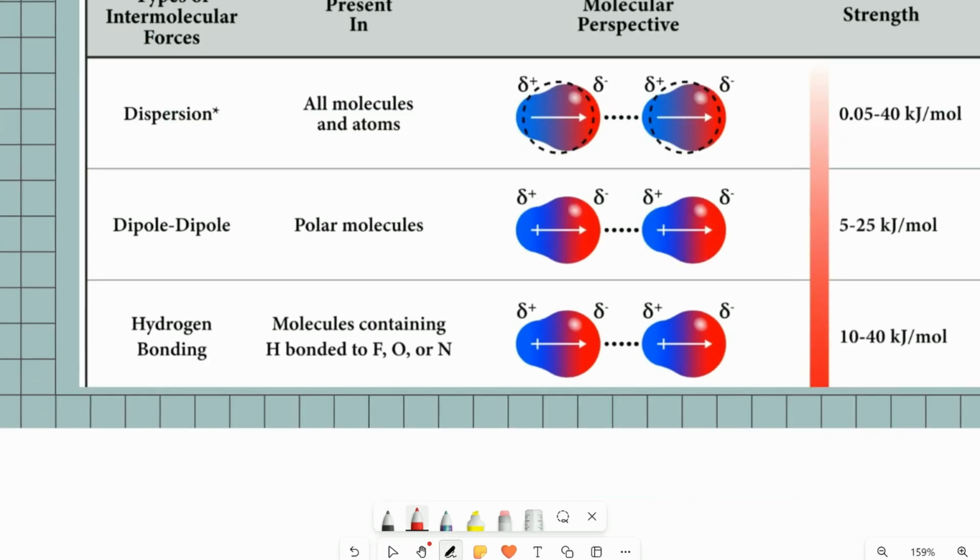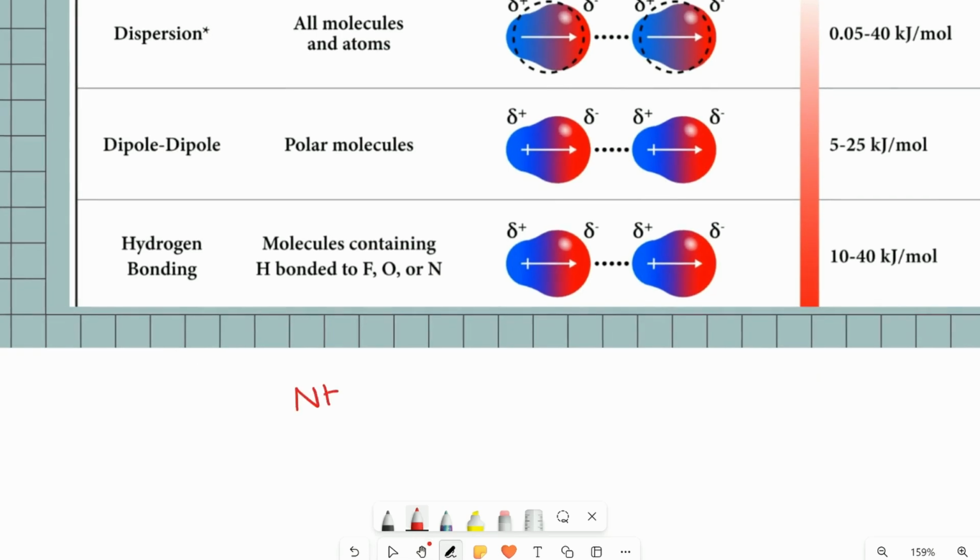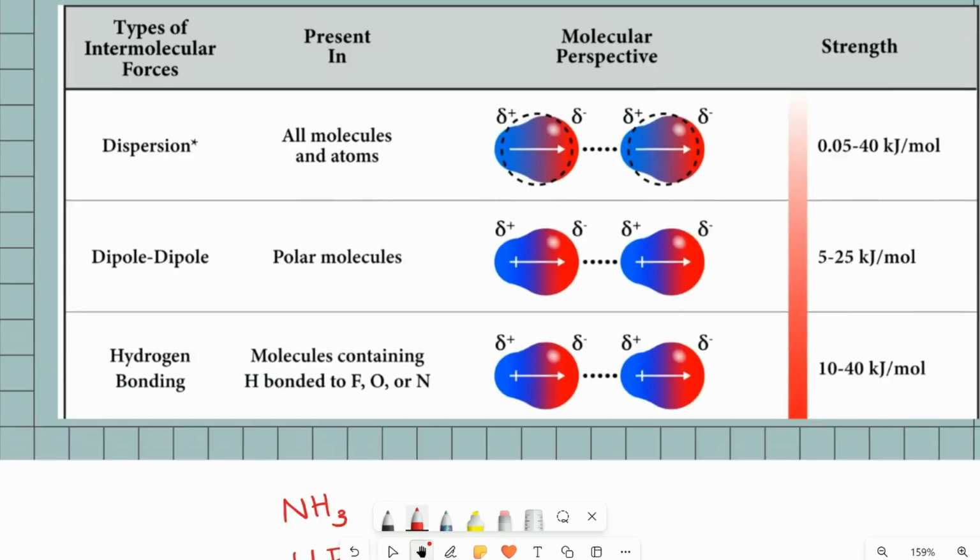You can also have it in, say, NH3, because nitrogen is sufficiently electronegative. You can have it in HF, hydrogen fluoride, because F is very electronegative. So you need H bonded to a very electronegative atom such as F, O, or N, so fluorine, oxygen, or nitrogen.